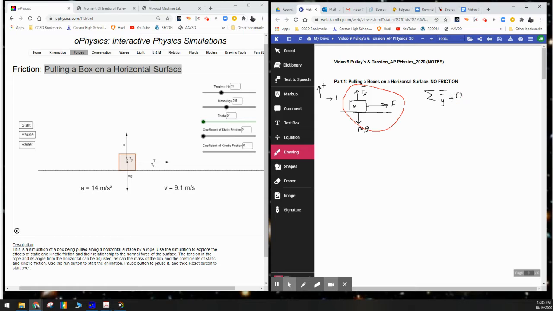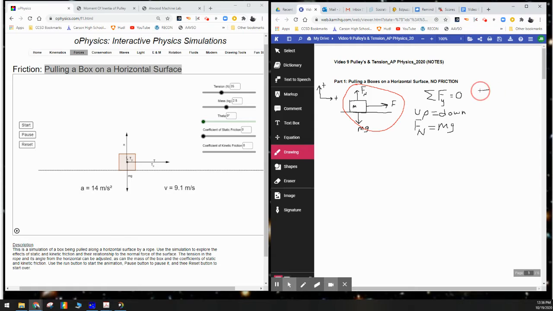Whenever the sum of the forces equals 0, I suggest doing this: all the forces going up equals all the forces going down, like so. What's all the forces going up? Well, there's just one force going up, that is the normal force. And all the forces going down is just mg. So from the elevator problem last time, we have normal force equals mg. All right, so not too bad.